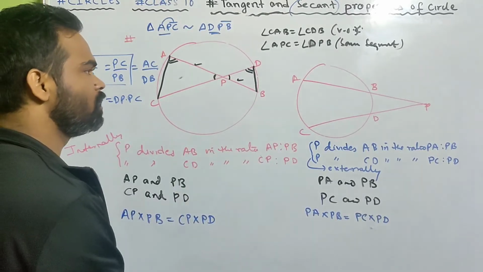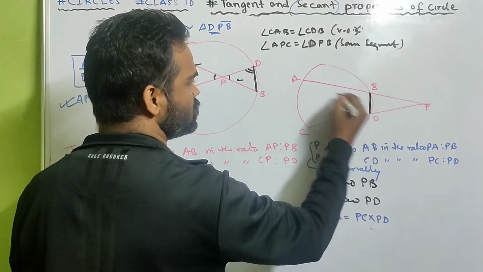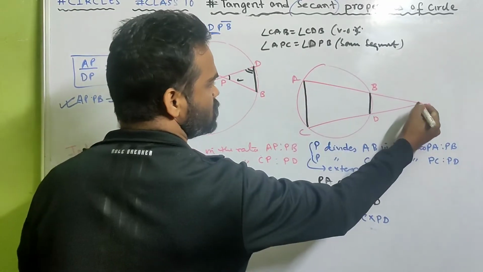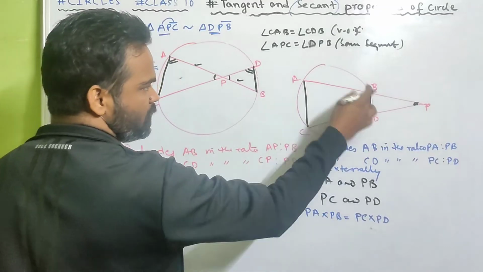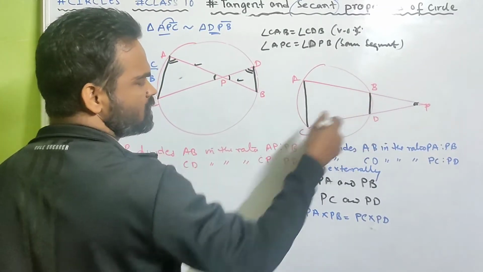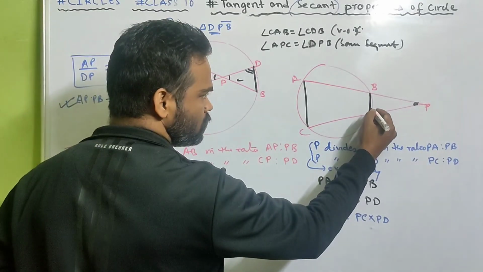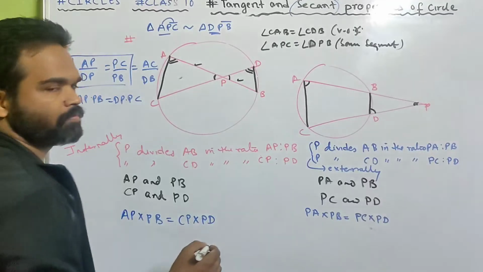Over here also, we'll do the same thing. Look over here. What I'll do, I'll join this and this. This angle is common. And we know ABDC over here. ABDC is a cyclic quadrilateral. So this angle and this angle will be equal.